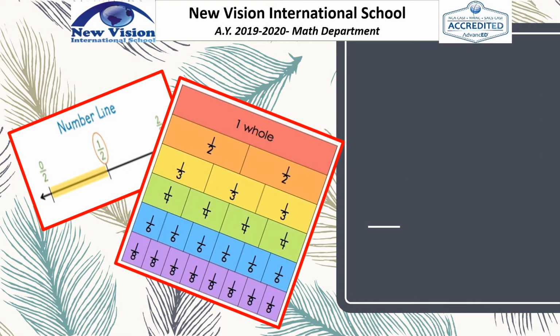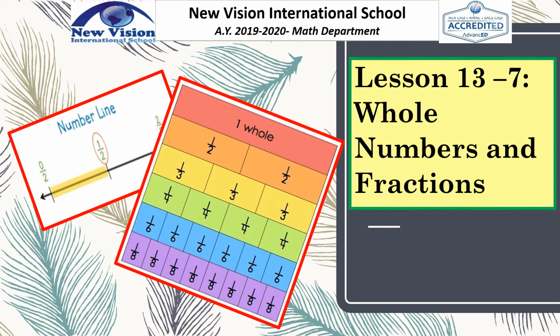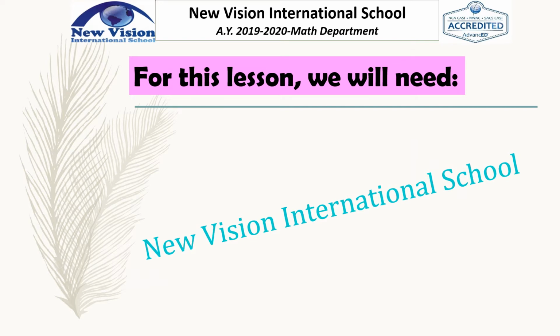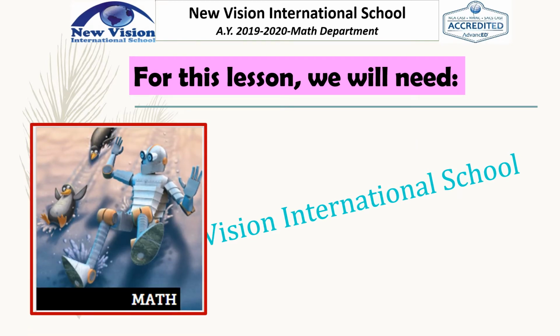We are going to continue our lesson for today, and that is still topic 13, lesson 7, whole numbers and fractions, on pages 709 to 712. For today's lesson, we will need, again, your math book. Please get your math book if you don't have it yet.